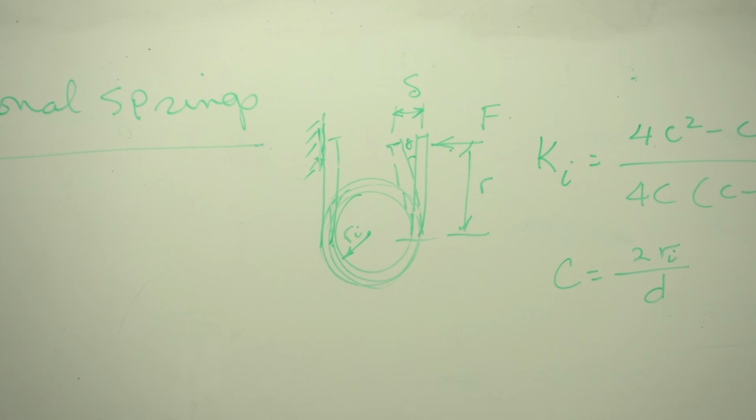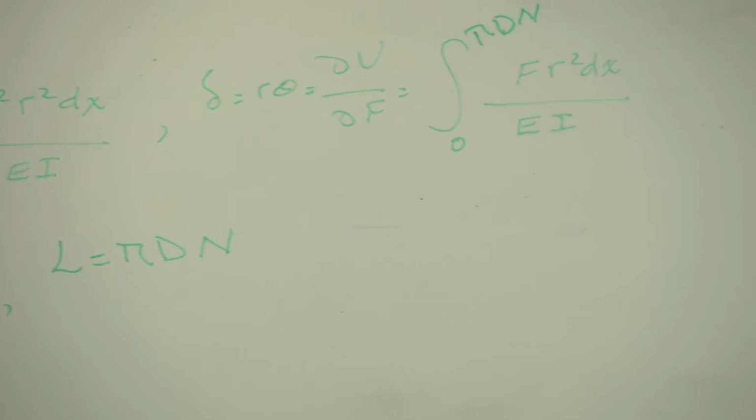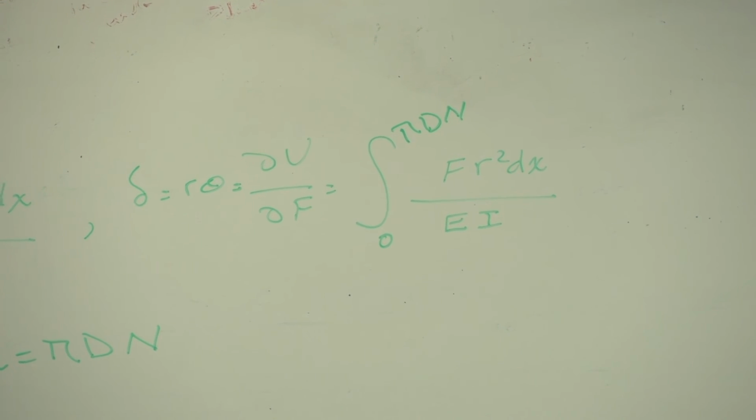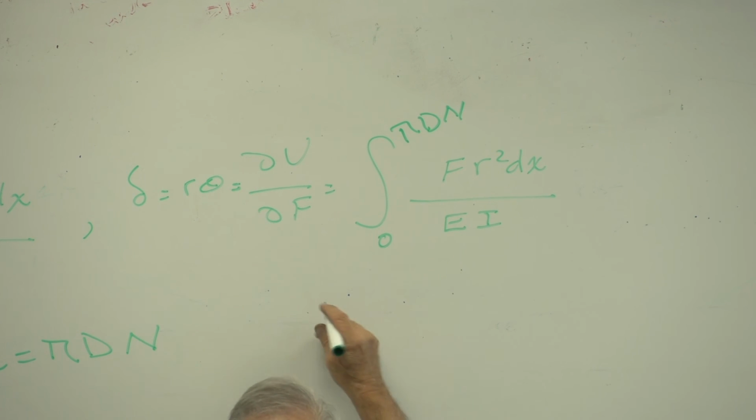So this is 2 pi dn. If you integrate that and solve for theta, this is what you get. Integrate this, put in the limits, solve for theta.